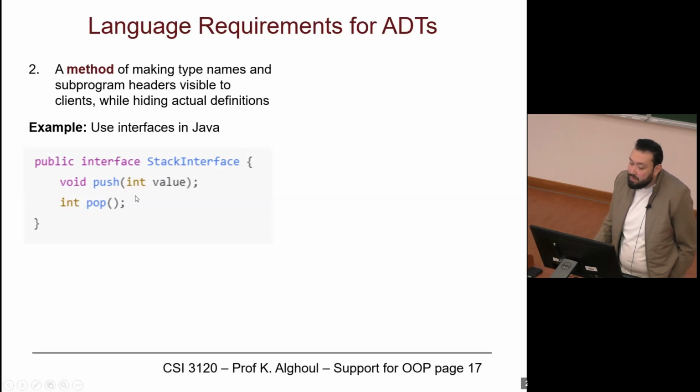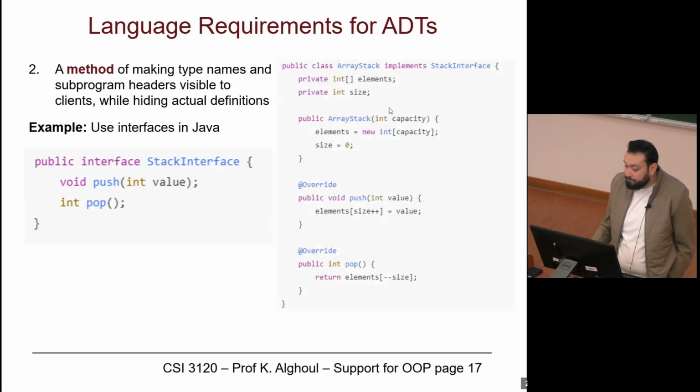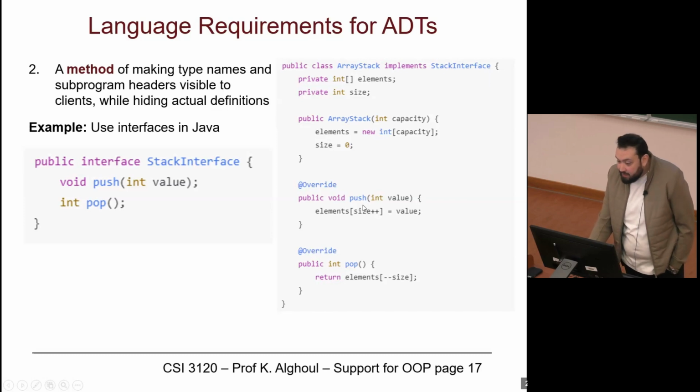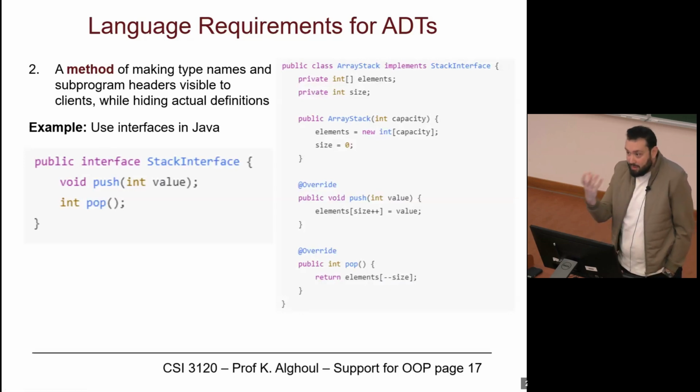So I created an interface and I have a push and a pop, correct? And how am I going to use them? If I have this class array, I'll say, okay, class array implements the stack interface. And then inside here, when I use the public void push, why am I able to use push and pop? Because I'm implementing the stack interface from here, okay? So this is another thing that I usually need in abstract data type, which is the interface.